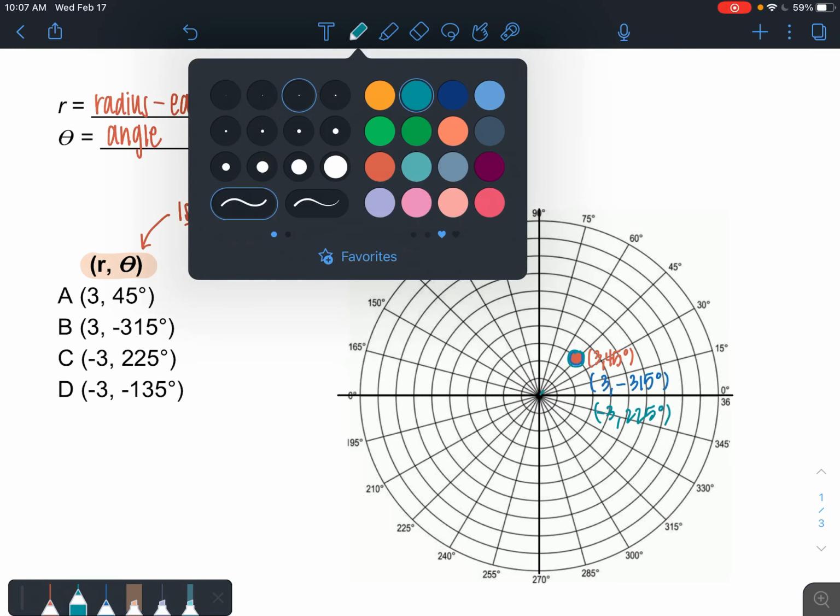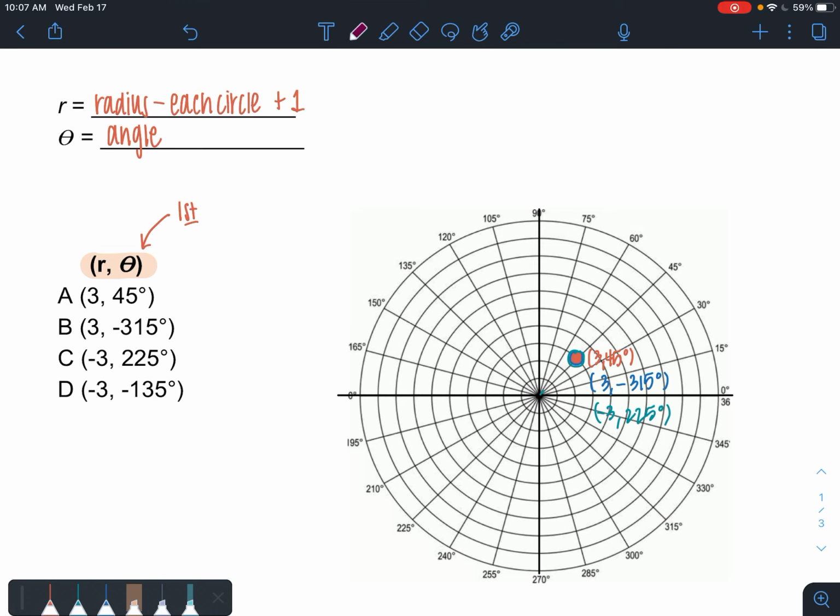Then finally, we'll do one more. Negative 135 would take us to here. And then if we're going negative, we go the opposite way of that angle, which is right there. So all of these angles have the same ending point.